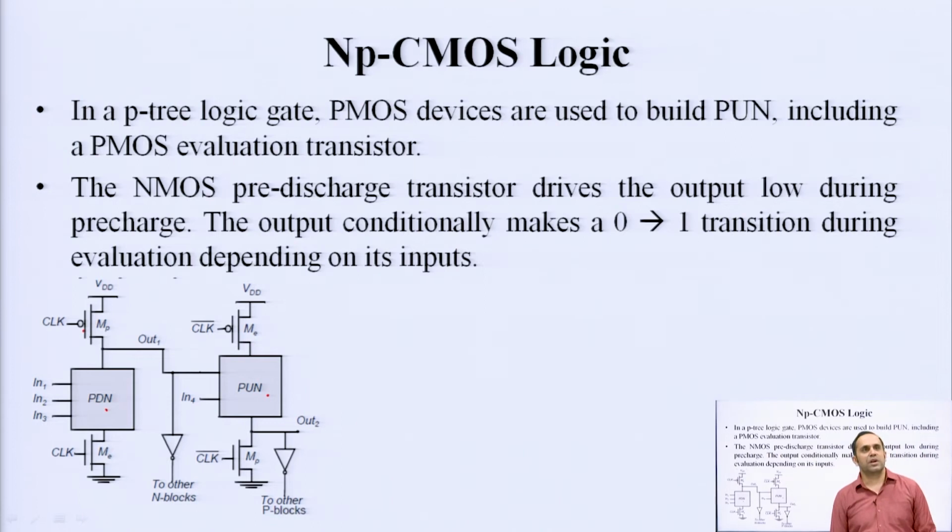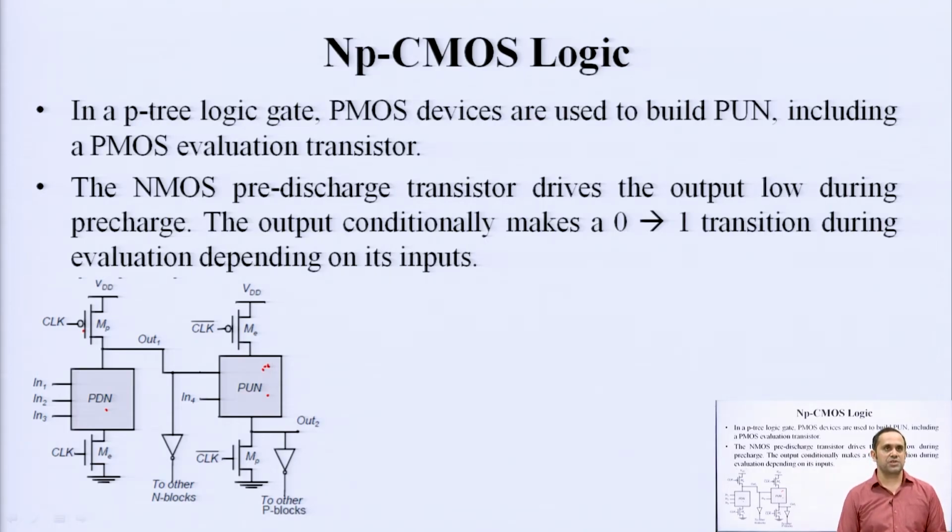Right. So, in a p type or tree logic gate, PMOS devices are used, okay, as pull up network like we do normally, including a PMOS evaluation transistor also. So, here at this point evaluation is also being done by p type transistor. So, we are taking the advantages of the complementary nature of both n type and p type.